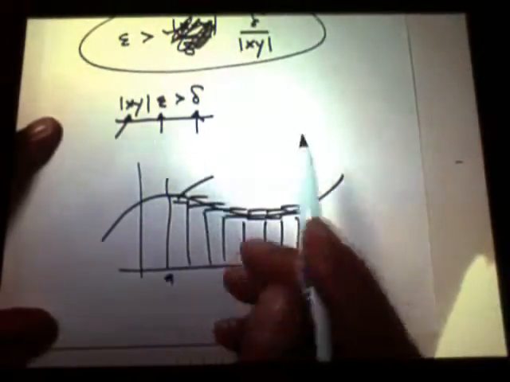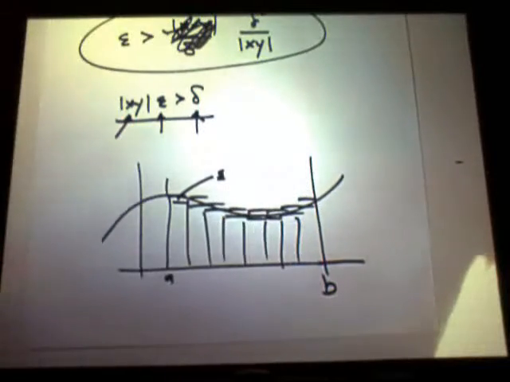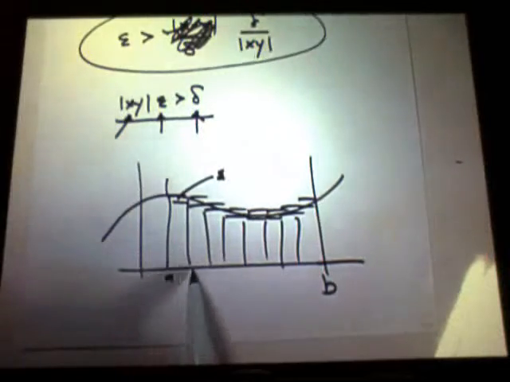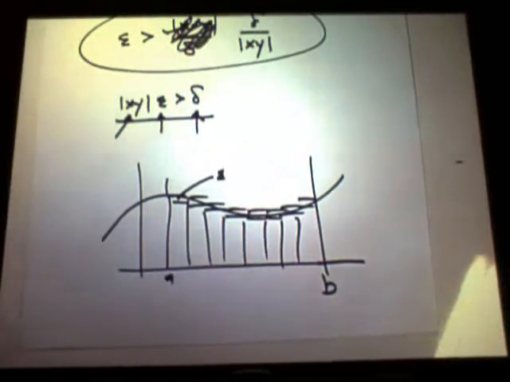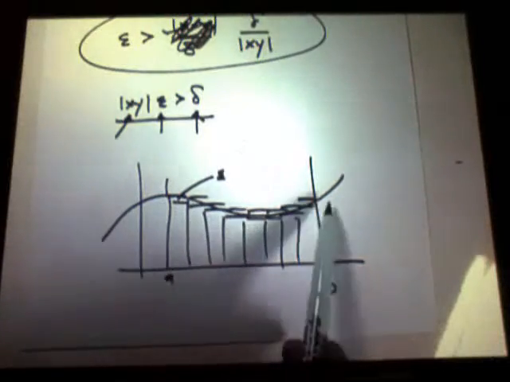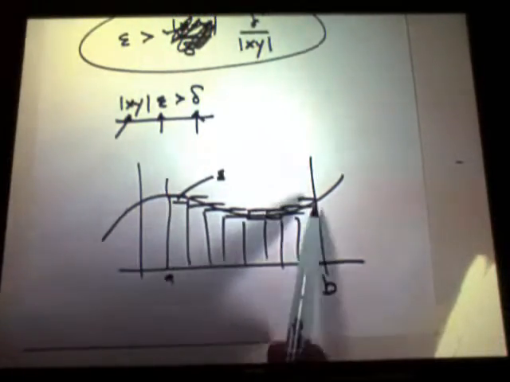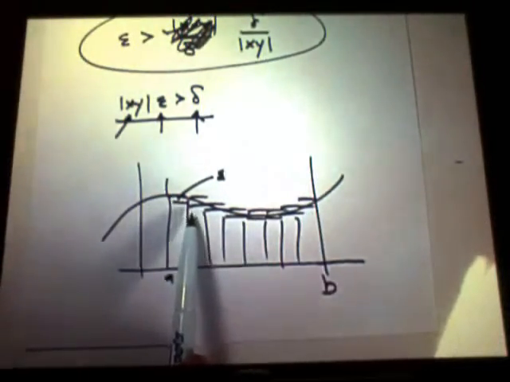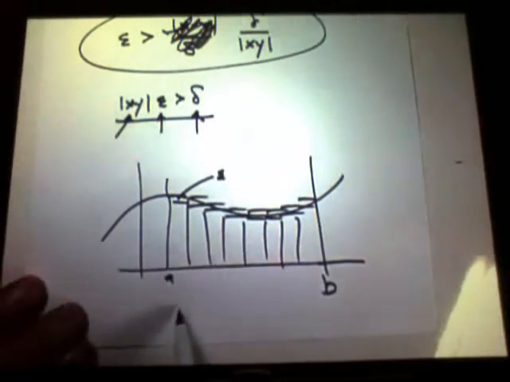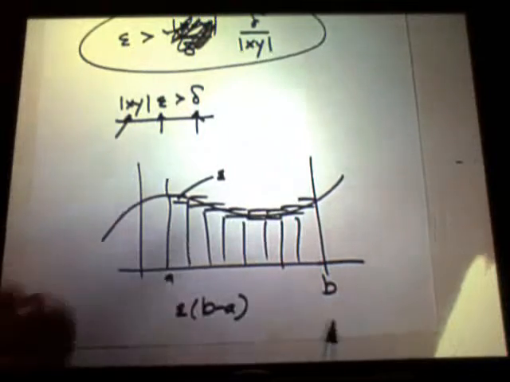In fact, I would like the max error for every elemental rectangle pair to be less than epsilon vertically, right? And then it'll be times the width down here. If uniformly these two things are all within epsilon, top and bottom, right? Then the whole approximation is going to be within epsilon times b minus a, right?